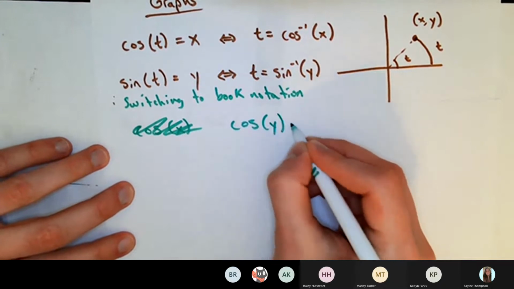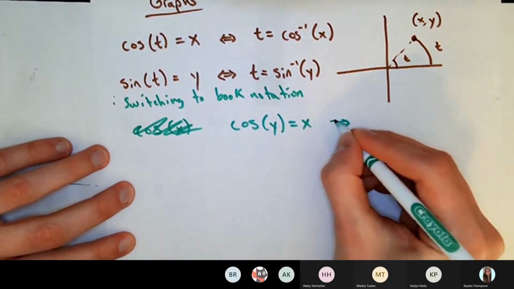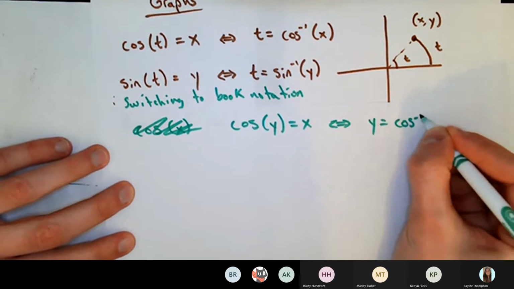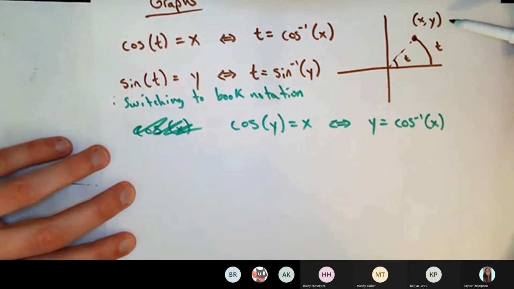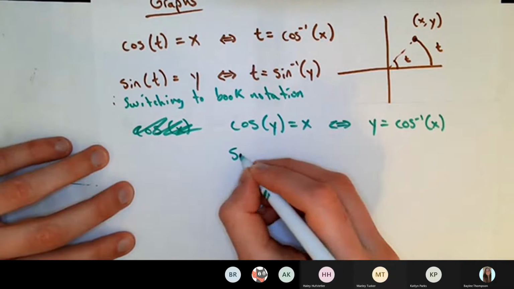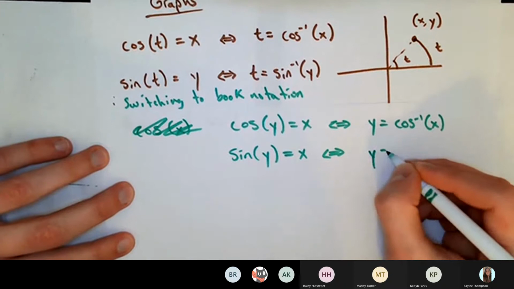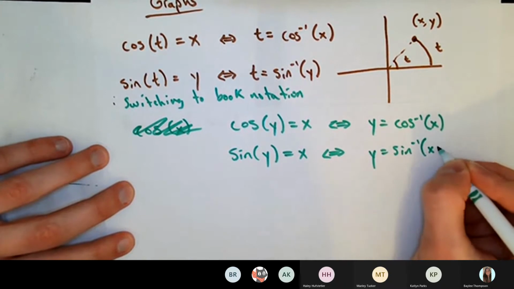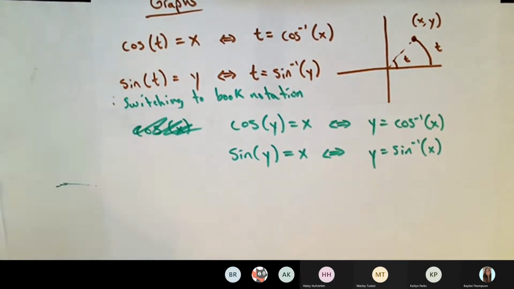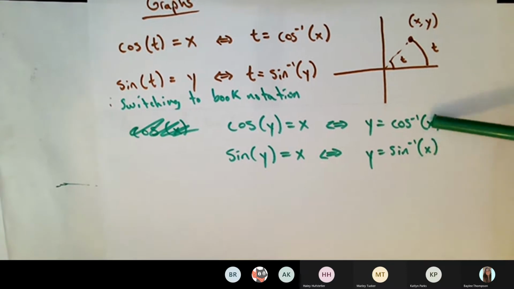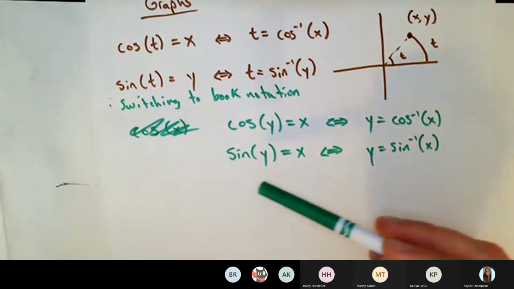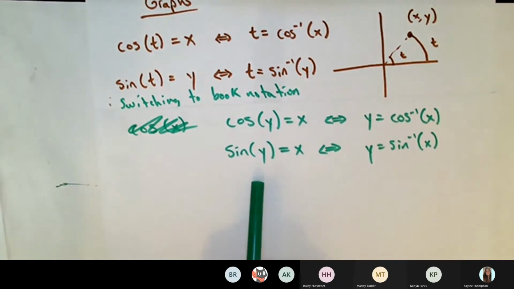They say if cosine of y is equal to x, then that means that y is equal to cosine inverse of x. Has nothing to do with the x and y coordinates up here, which is unfortunate. And if they give you sine of y is equal to x, then y is equal to sine inverse of x. So the point they're making is that we're talking about these inverse trig functions, so they want x to be the domain variable for those inverse trig functions. That's why they set it up like this with y in the original input here.